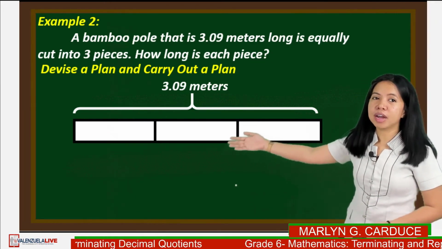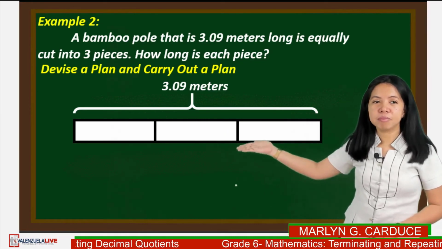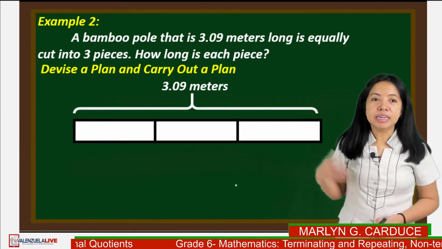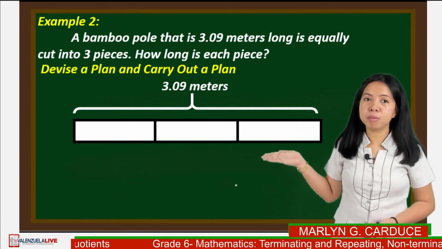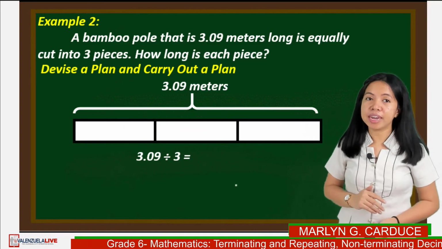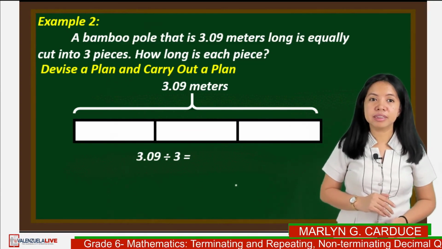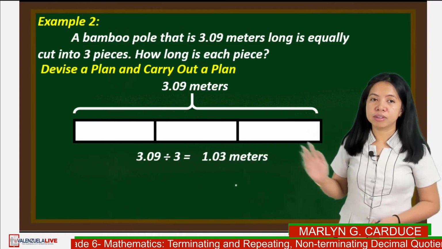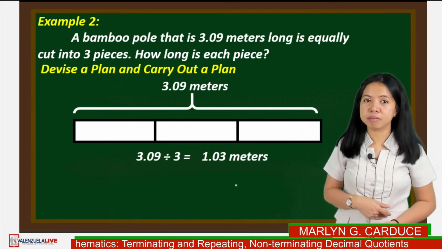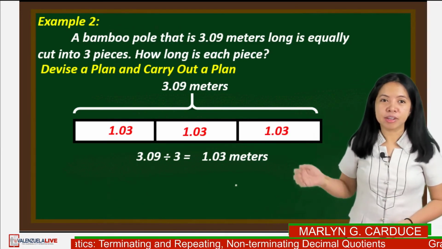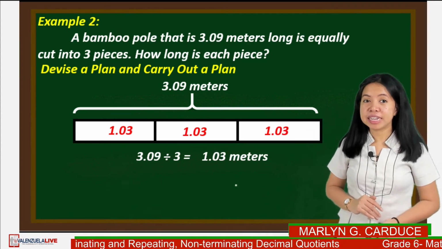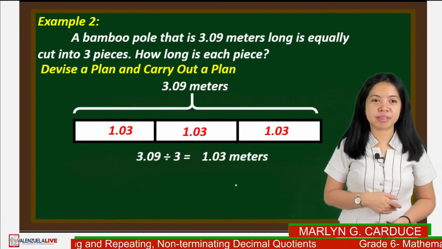So we have our first piece, second piece, and third piece. Since the bamboo pole is divided into 3, we will divide 3 and 900 meters by 3. So the quotient will be 1 and 300 meters. So each piece has a length of 1 and 300 meters.